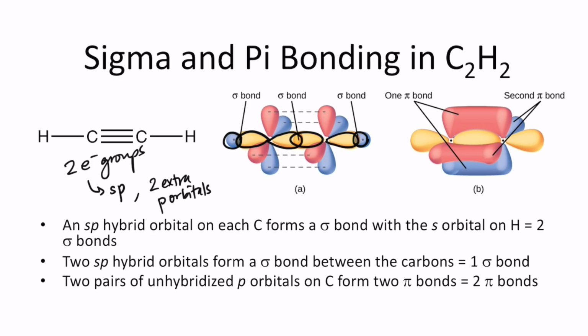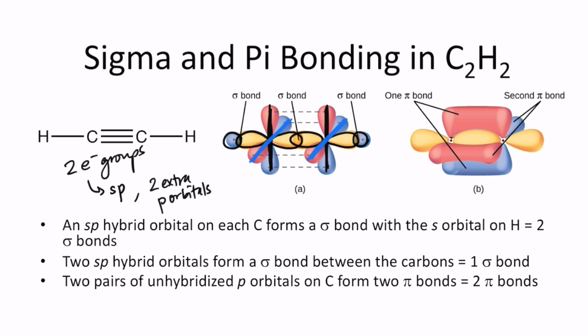We'll also see some p orbitals that are oriented going up and down. And then we have some p orbitals that are oriented, I'll make them blue just for clarity, sticking out of the page and going back into the page. Okay? So the black ones that I've drawn going up and down are the ones that are going to make the bond that is above and below.